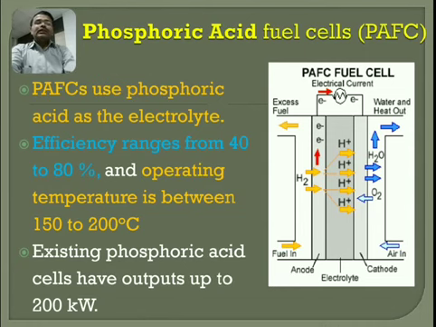The efficiency of these phosphoric acid fuel cells is around 40 to 80%, and the operating temperature is between 150 to 200 degrees Celsius, and the output is also much higher, around 200 kilowatts.